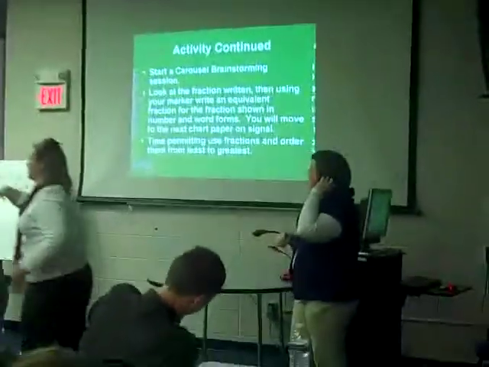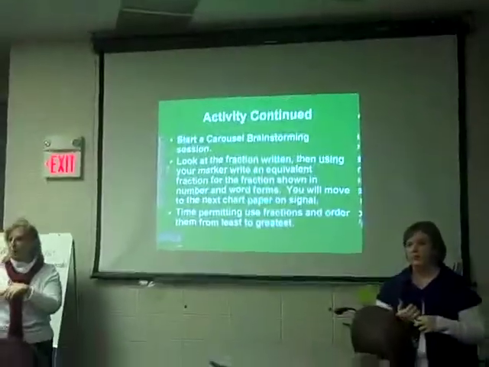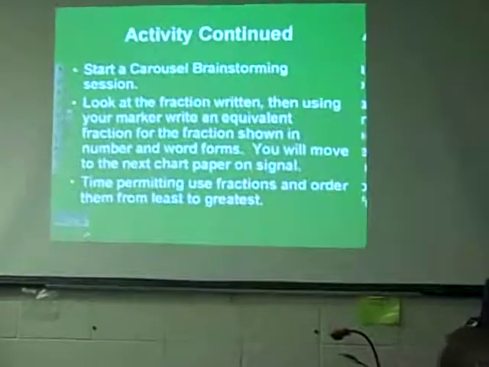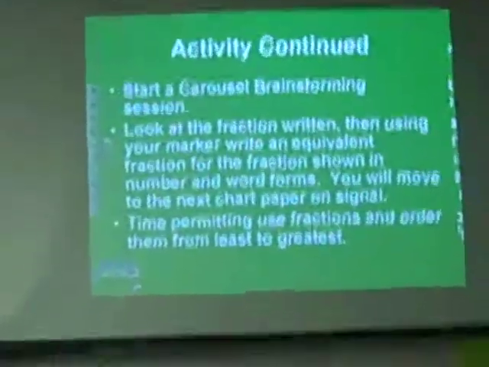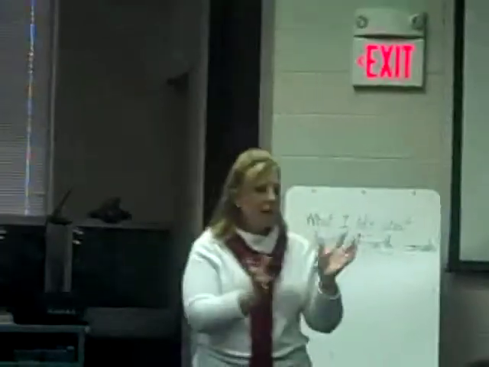Okay, now if you were doing this in your classroom, what we said is that you would take this chart paper and you would hang it up around the room and you would have the children share their fractional parts of the group, share the characteristics that they picked in their particular group.